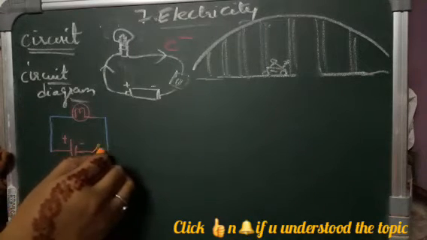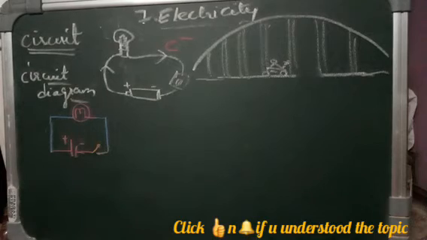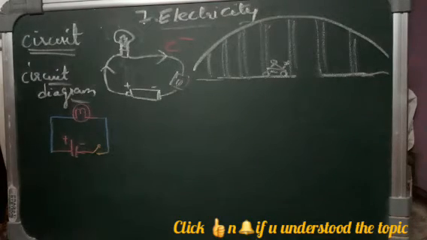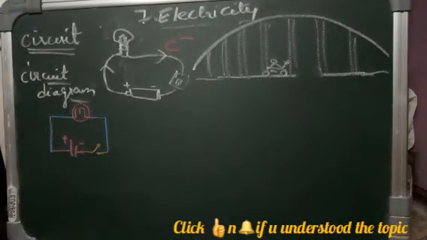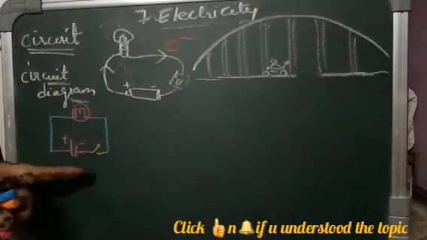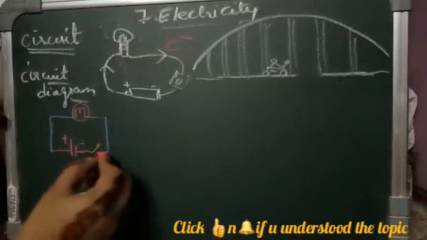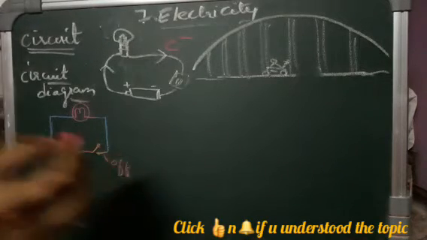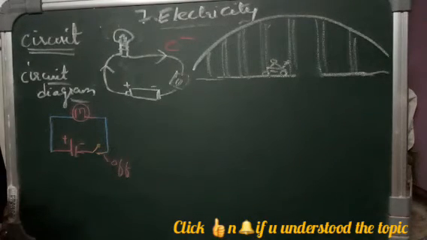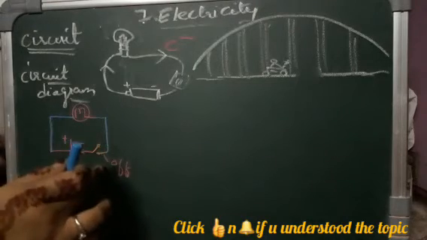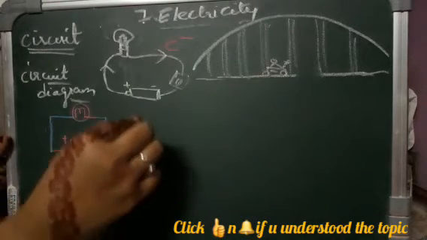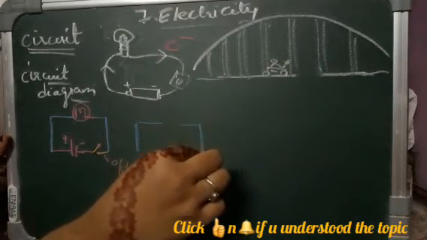Now you say whether the switch is on or off. You can see that the switch is off, isn't it? You can see the symbol of the switch off here. So now when you just switch on, what will happen?